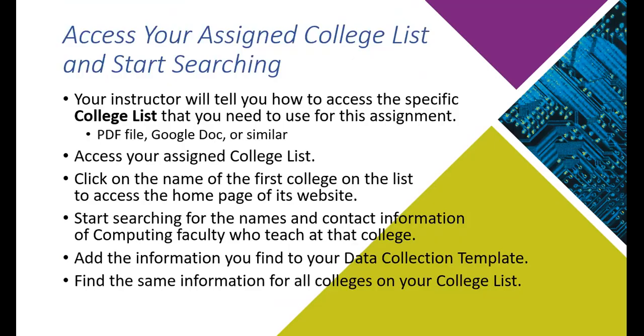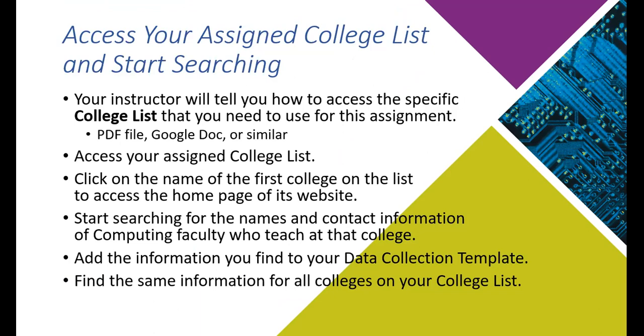Now, once you've got the template, that will be the basis for your work. Your next step will be to access the college list that you need to use for this assignment. Your instructor will once again have different methods for getting that college list to you.